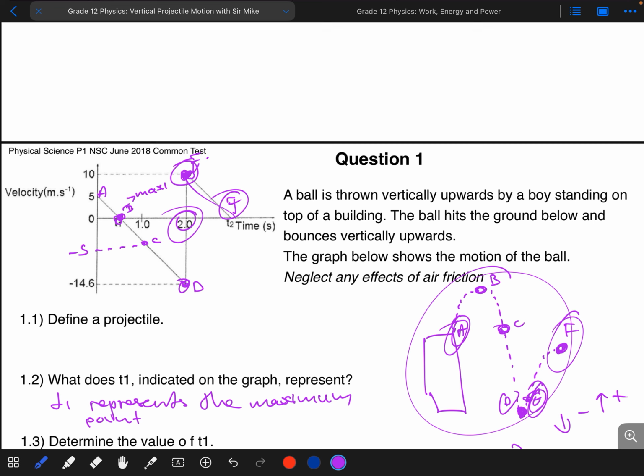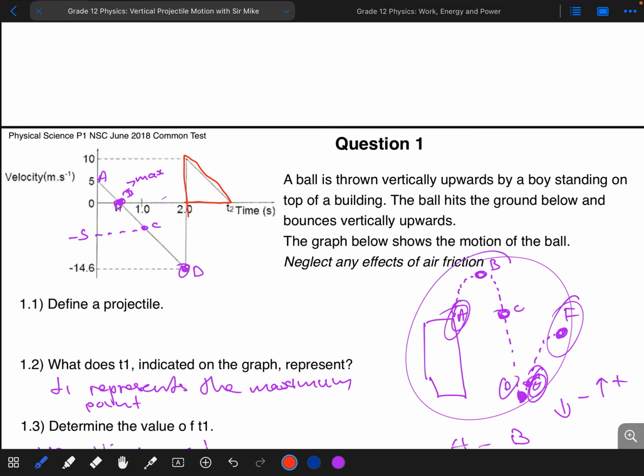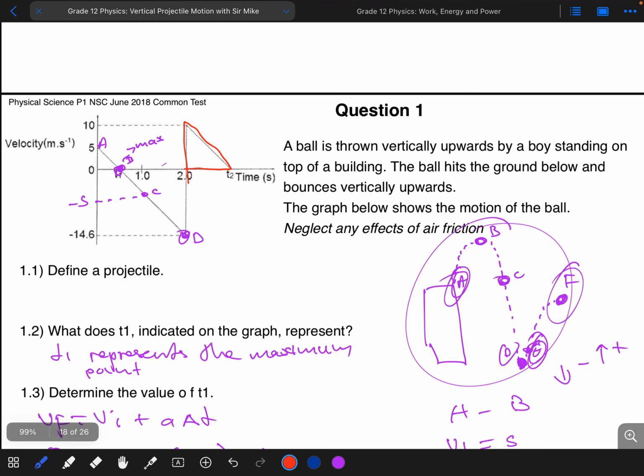Let me just erase this so that we can see what's happening. You can note that we have a right angle triangle there. That was point E, and that was point F, not point D. So that was point F there.